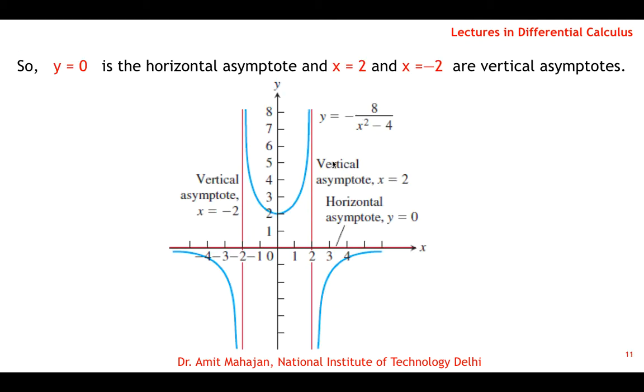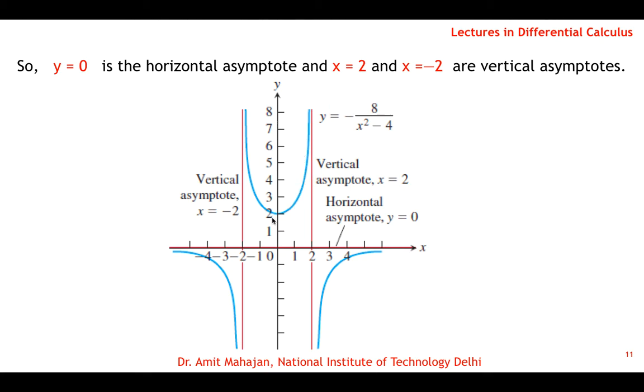So if we plot this function y by the blue curve, then you see that y = 0 is a horizontal asymptote. The curve gets closer to the x-axis as x goes to plus infinity or minus infinity, and x is equal to 2 is a vertical asymptote: when we approach 2 from the plus side, the function goes to minus infinity, and if we approach from the negative side, then the function grows to plus infinity.